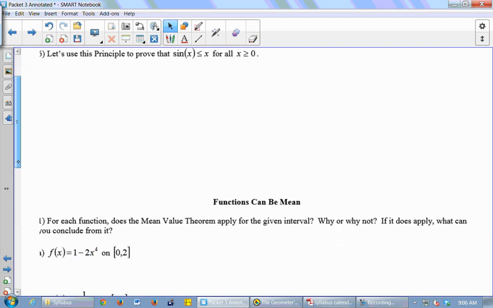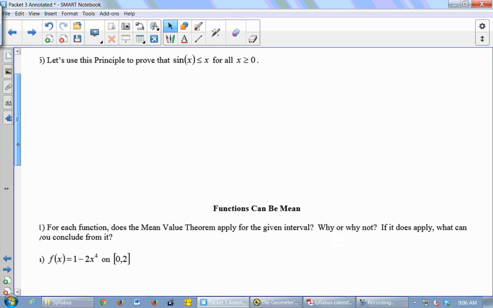All right, so let's use this principle, the racetrack principle, to prove that sine of x is always less than or equal to x for all x's bigger than or equal to 0. Okay, so the racetrack principle. So let's have this be g of x and h of x, right?